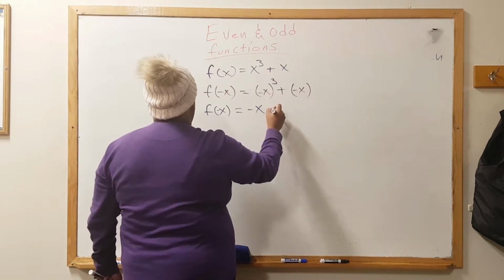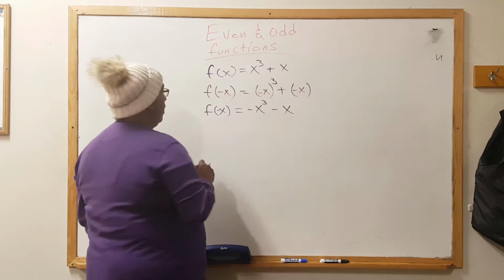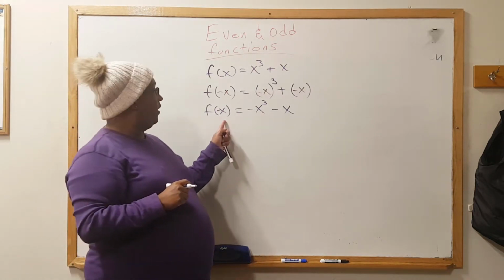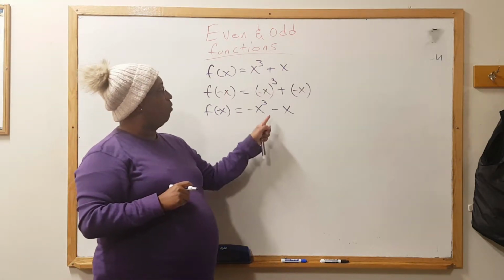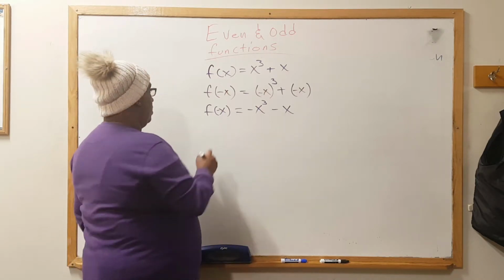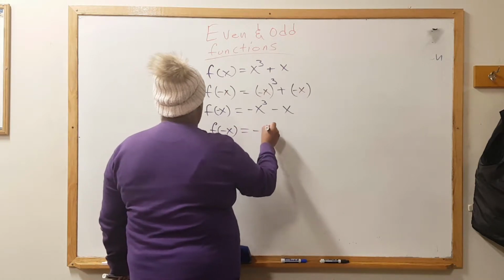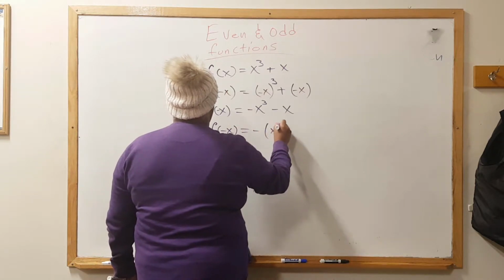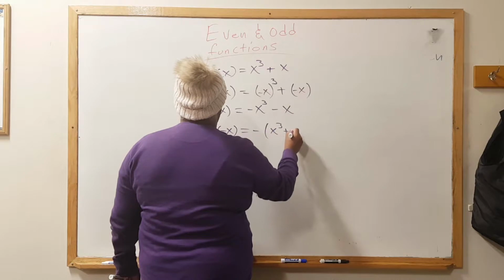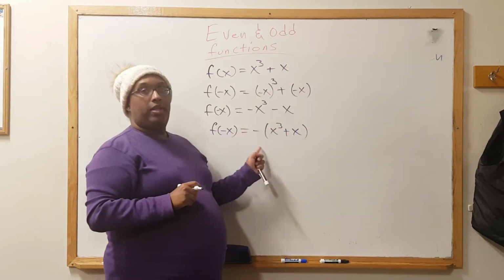Negative times positive is negative. So we get f of negative x equal to negative x cubed minus x. We can factor out a negative here and say f of negative x equals negative times x cubed plus x, if we pull out the negative.